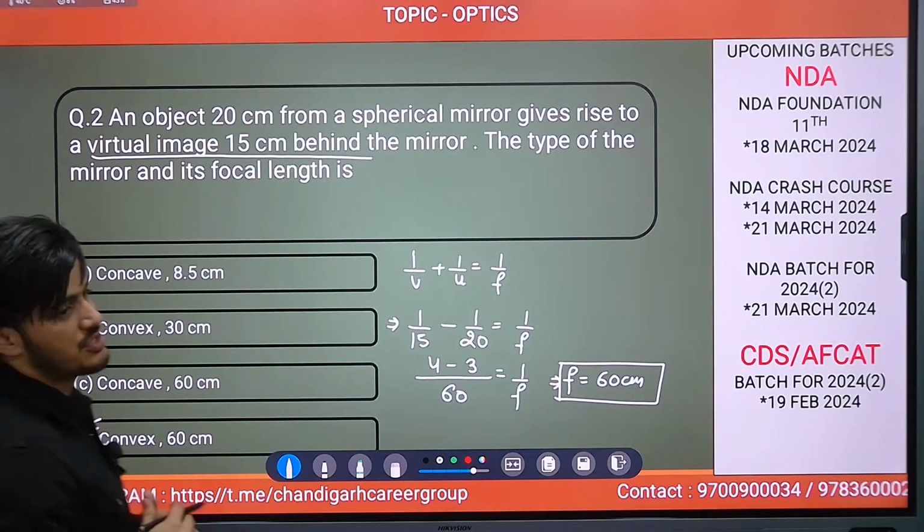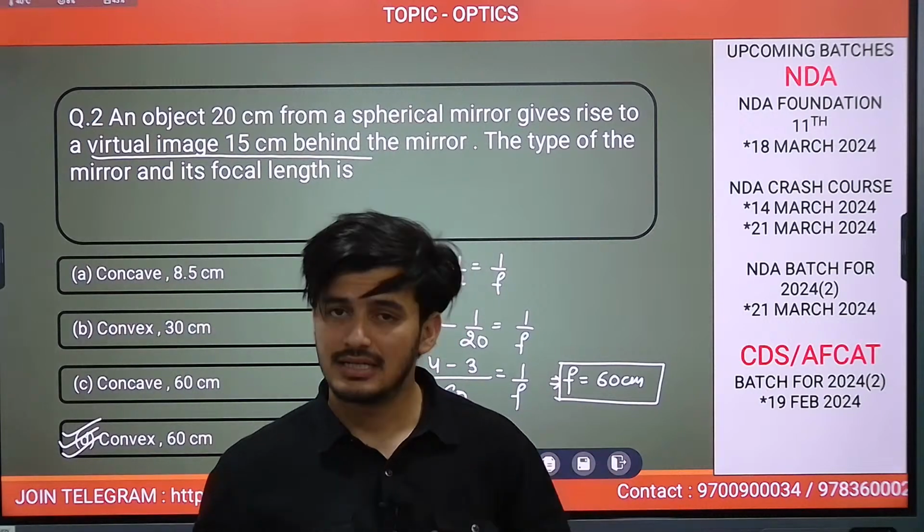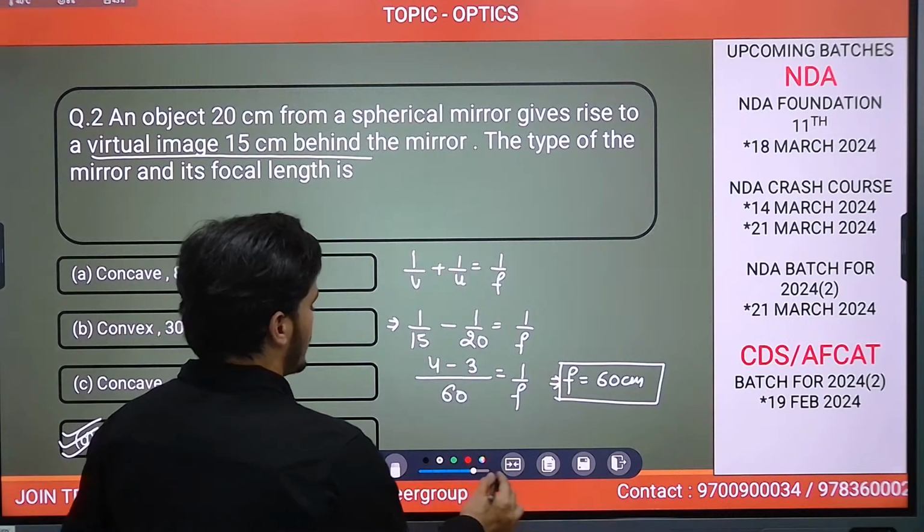Focal length of convex is positive, that of concave is negative. Let's move to the next one.